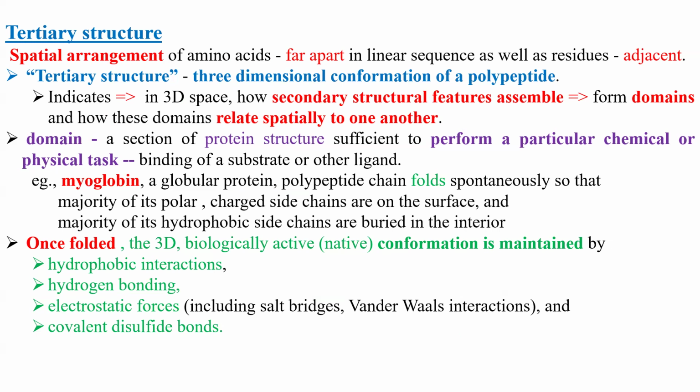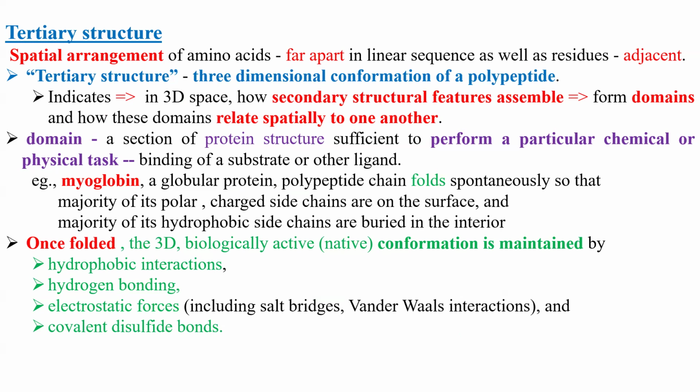An example of the 3D or tertiary structure of proteins is myoglobin. Myoglobin is a globular protein where the peptide chain folds spontaneously so that the majority of its polar side chain amino acids are on the surface and the majority of the hydrophobic side chains are buried in the interior.